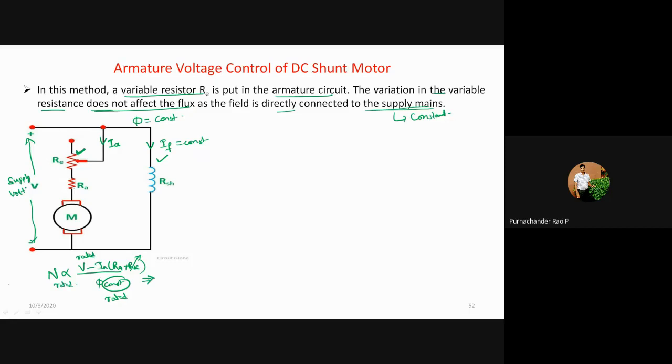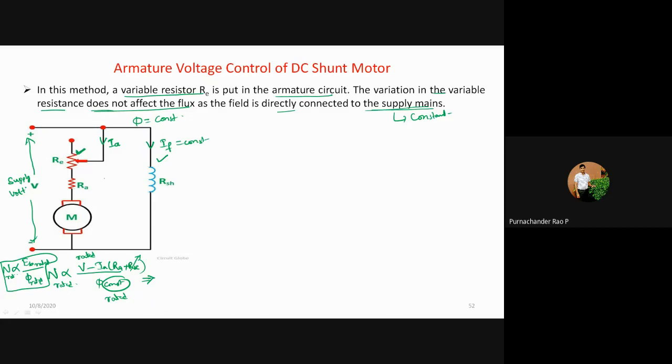Or I can write that N is proportional to your EB, back EMF, which is a rated value divided by flux. Phi is rated value. Therefore your N is rated value. Rated value means your full load speed, what is given in a problem, or whenever you are going to design that problem.